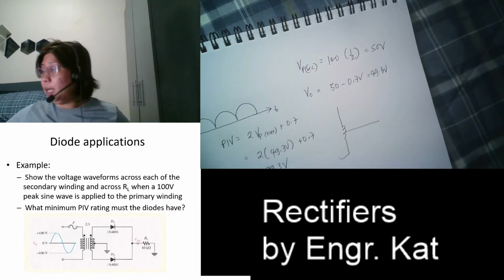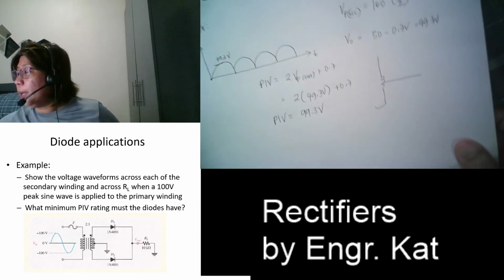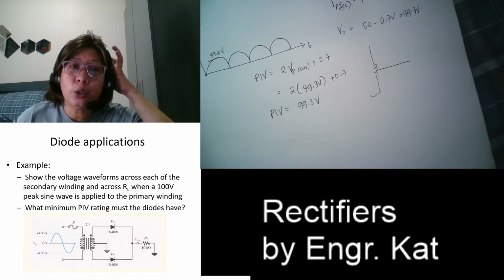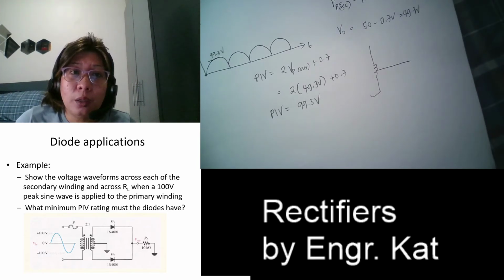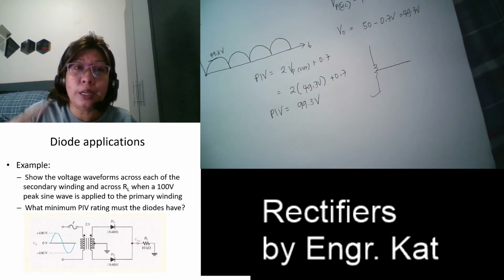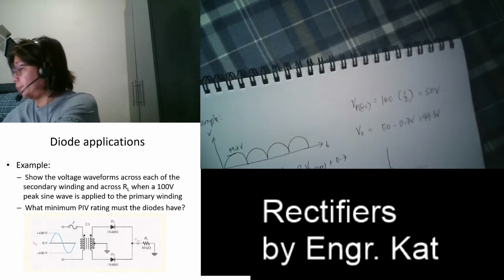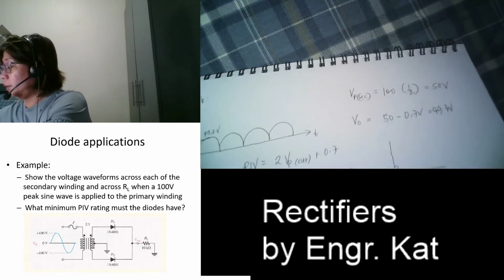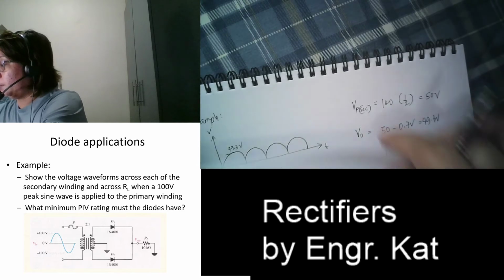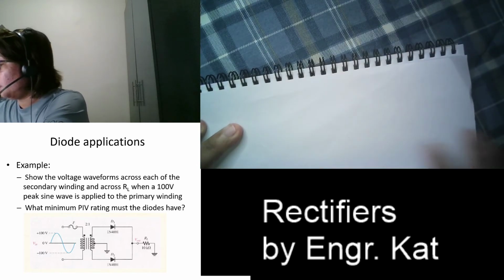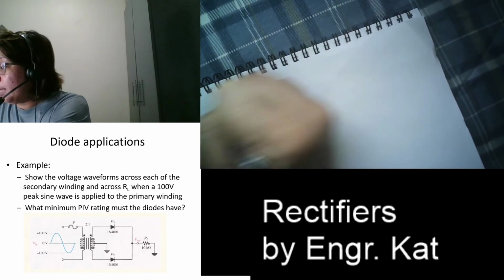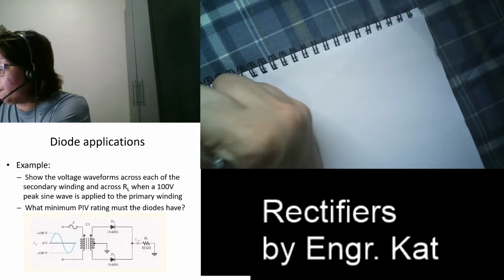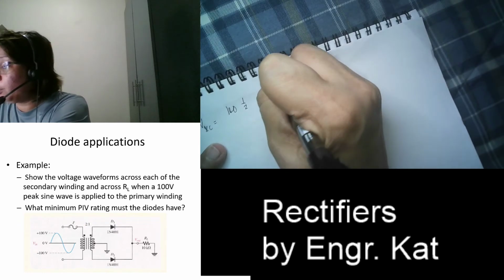However, class, that 50 volts will not go directly to each diode. So this is 100 multiplied by 1/2. So the secondary voltage is equivalent to 50 volts.